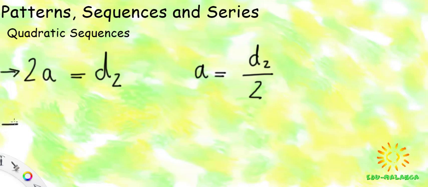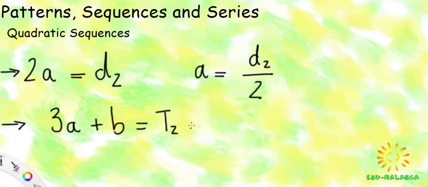We then solve for b using this equation. 3a plus b is equal to term 2 minus term 1. This is the second equation. We start off by solving for a, and then we substitute a into this equation, and then we solve for b. And once we've solved for b, we solve for c using a third equation.